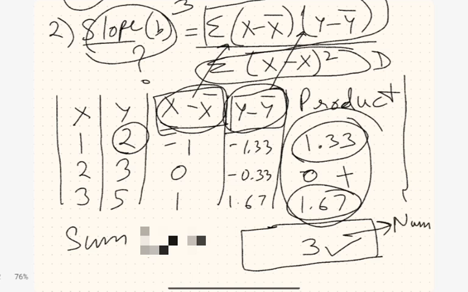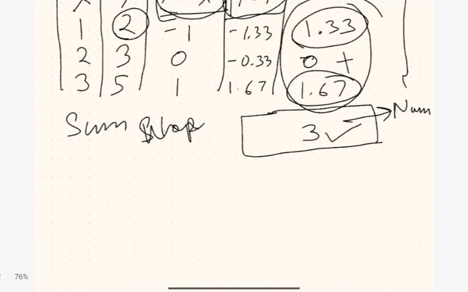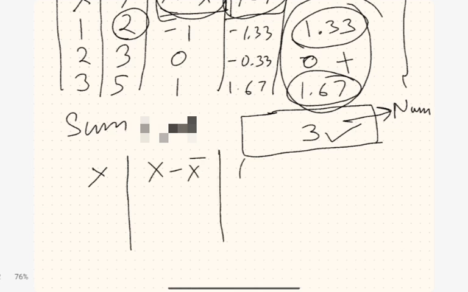Next we will find the denominator, the summation of x minus x bar square. How to calculate this? You see x minus x bar and then the square of x minus x bar.